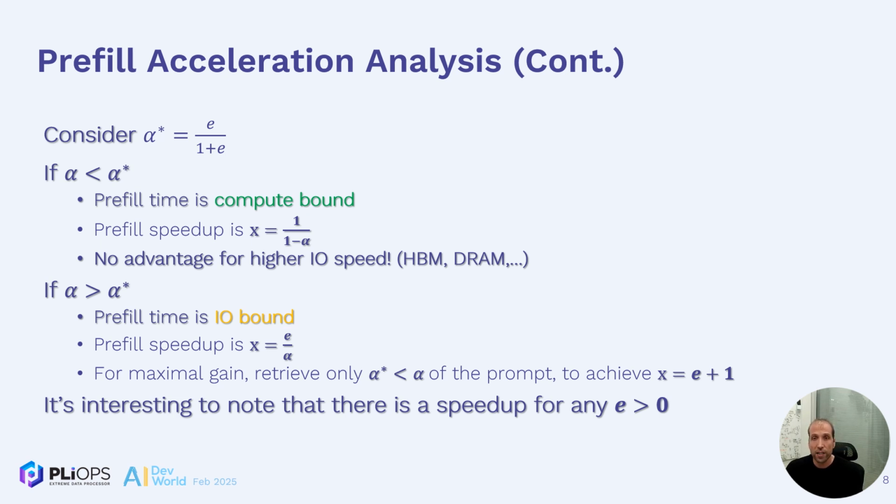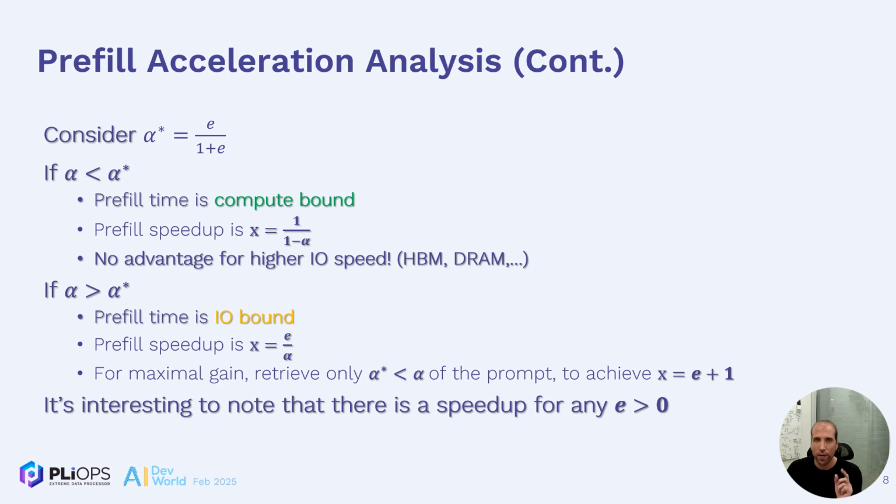And in that case, we're going to get a gain of e plus 1. And why is it very interesting? Because if you do that, which of course depends on the capability to parallelize I/O and compute, then regardless of which regime we're in, the good news is that we always have a speedup as long as e is larger than 0.